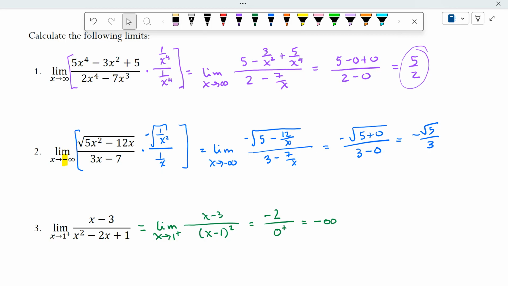Here, y equals negative root 5 over 3, if this was my function, would be the horizontal asymptote as x decreases without bound. Is it necessarily going to approach the same number as x increases without bound? Probably not.